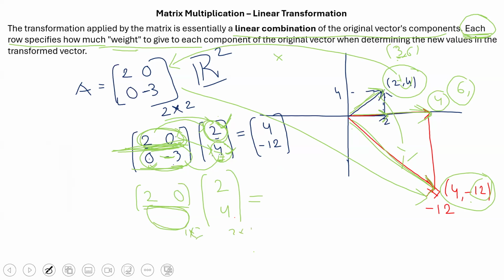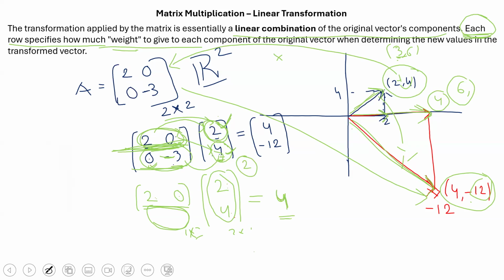So it is transforming a vector to a point. Okay, it is converting a 2-dimensional point to a 1-dimensional point. That means what it is doing, 2 into 2 is 4, 0 into 4 is 0. So it became 4.